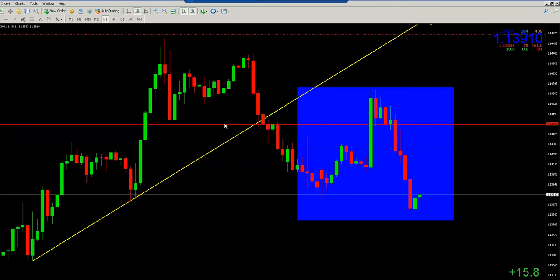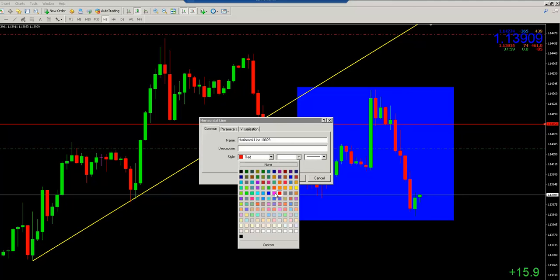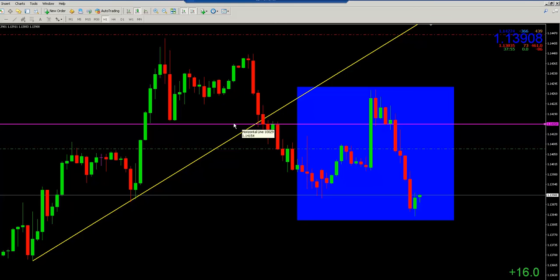As a matter of fact, let's make it a different color as well so it stands out. Let's use magenta. I tend to love magenta these days. I don't know why. Sorry about that. So basically what I would do is put a horizontal line at the point at which it broke out.